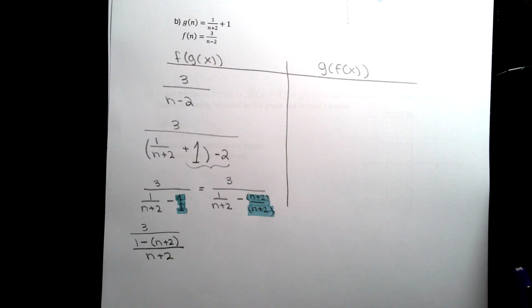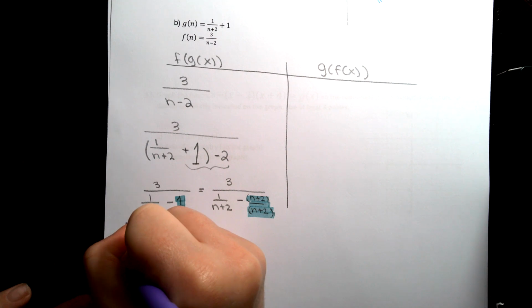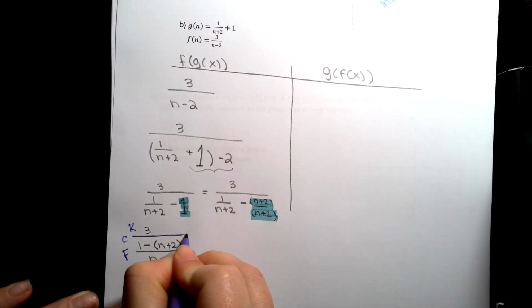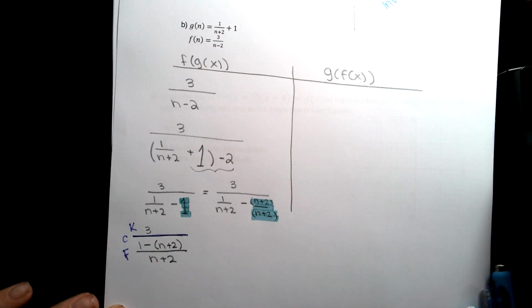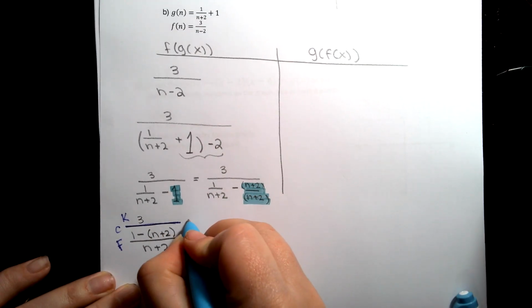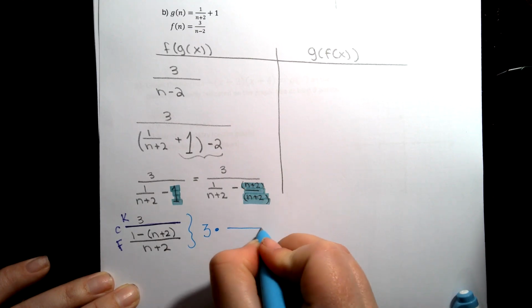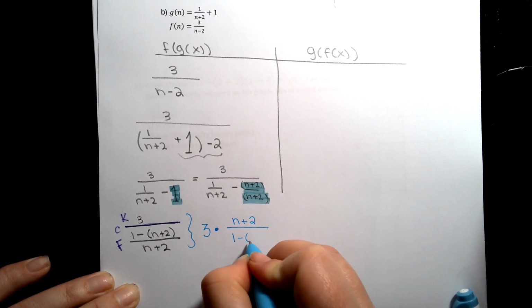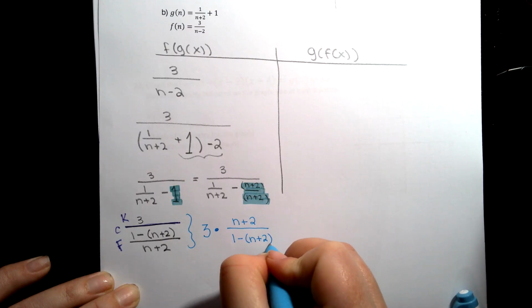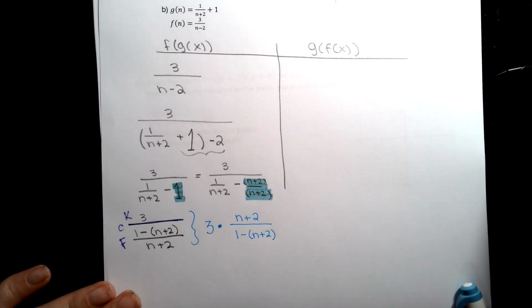And this is where you're going to do keep, change, flip, the KFC method. Here's my division, my original division bar. We're going to keep the numerator. We're going to change this to multiplication, and we're going to flip my fraction. Careful here on how you're multiplying.